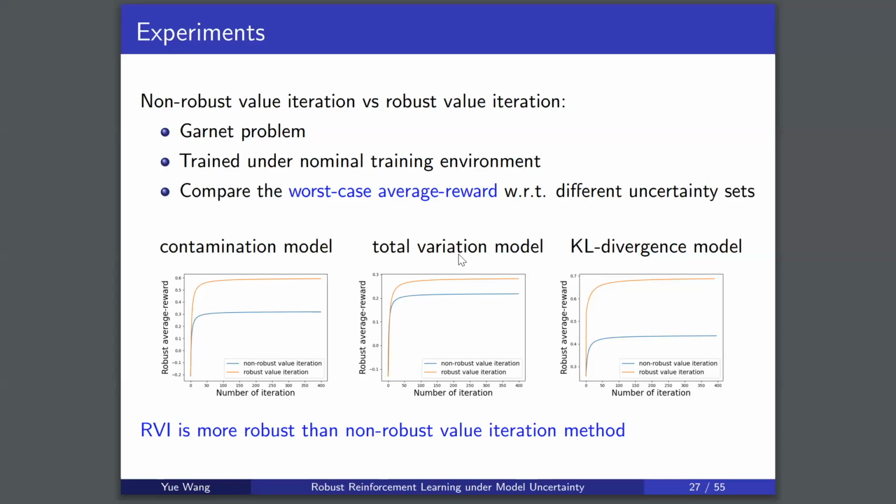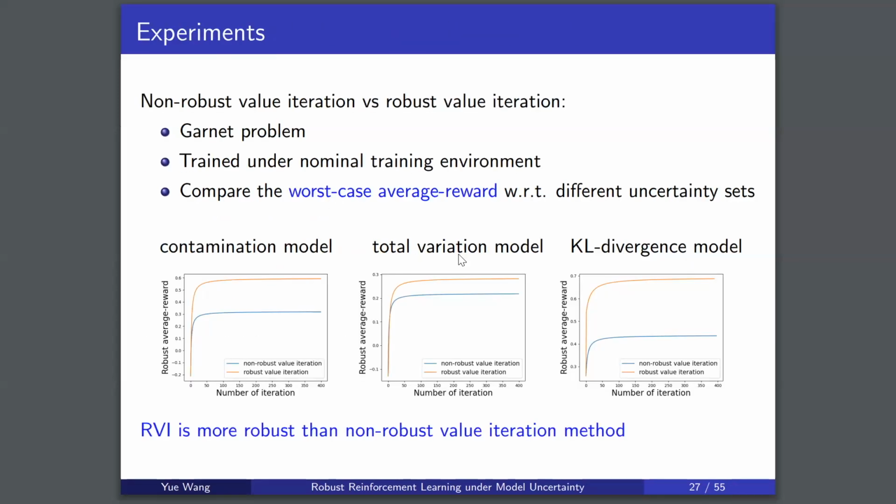At each time step, we obtain the output policy from both algorithms and compare their worst-case performance. As you can see, the orange curve, which represents our robust value iteration, obtains a much higher robust average reward under the worst case than the non-robust method. So our approach is more robust than the traditional value iteration method, and hence we can obtain a much smaller sim-to-real gap.